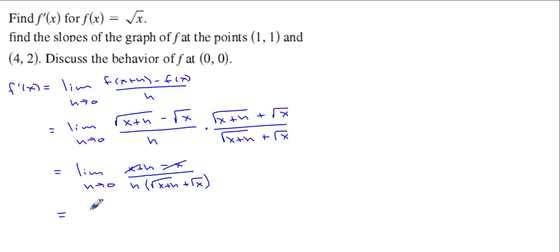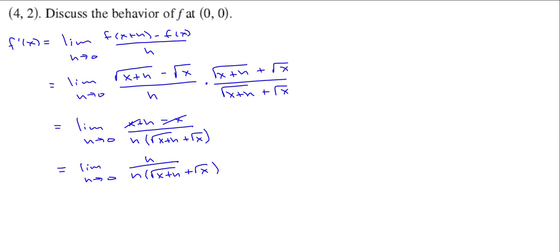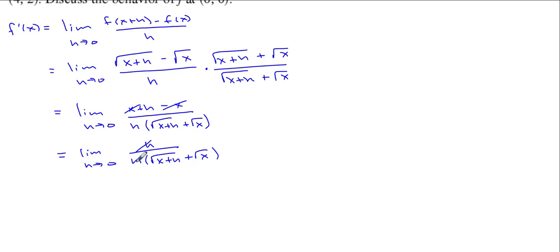x minus x. h over h times. And then we can cancel the h's. And what's left in the numerator then? Yep, 1. Don't forget the 1.